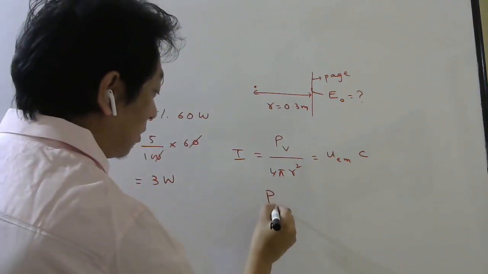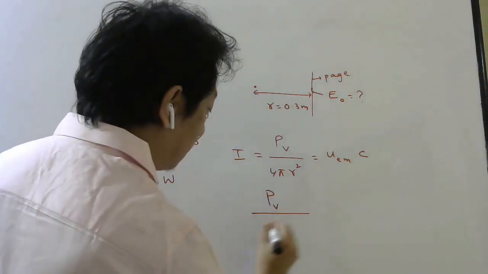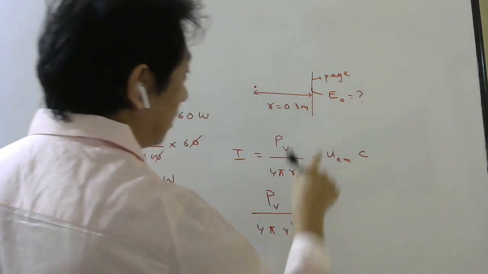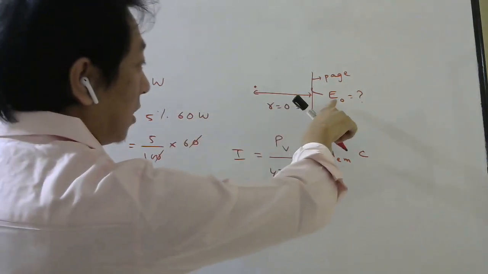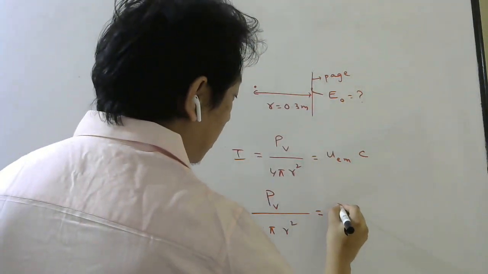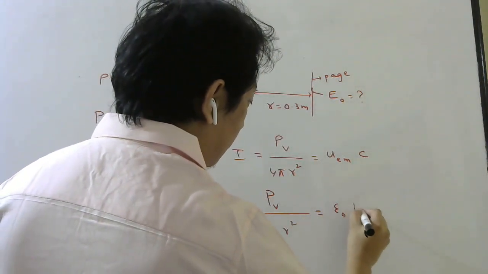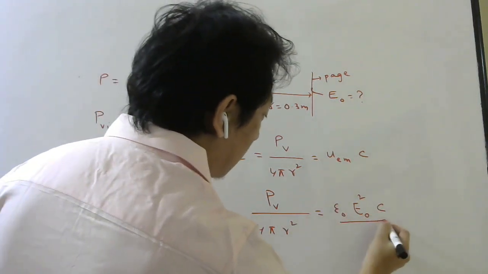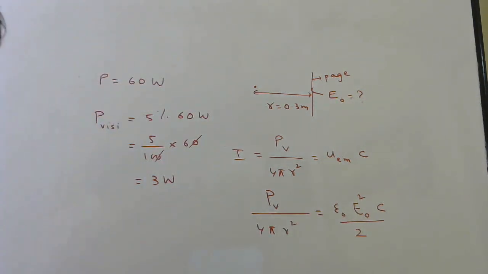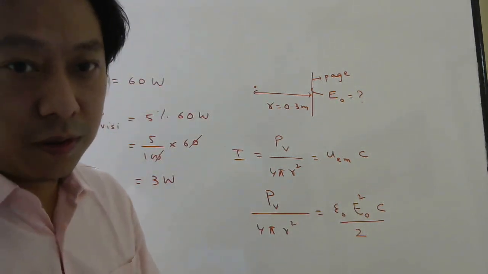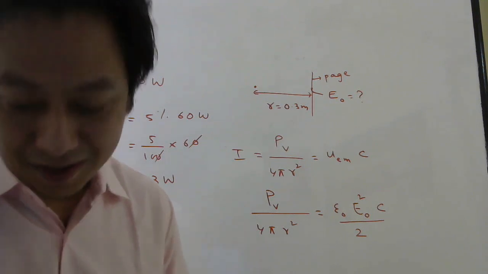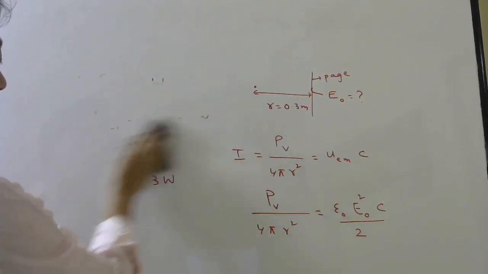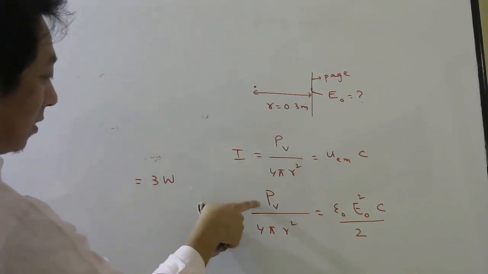So this is power of the visible radiation over 4 pi r square, equals energy density in terms of electric field, because they want electric field. So this is epsilon naught E square, and E square you can write E naught square by 2 also, because E is E naught by root 2, since E means RMS value, remember. So from here we can find the electric field. This is 3 watt, remember.